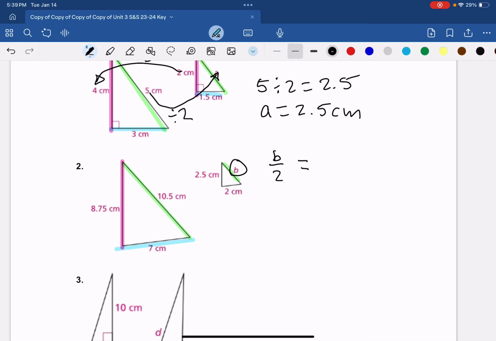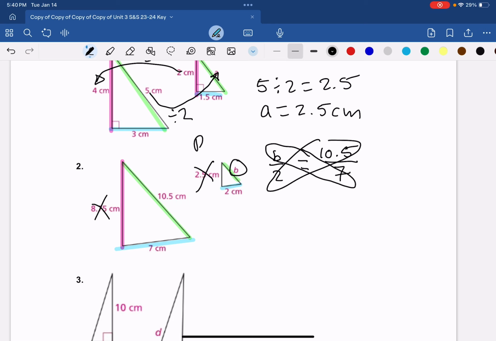I used the green side before, so I use the green side again. And then I used the blue side, so I use the blue side again. If you notice, I'm not even using the red side. Not needed.